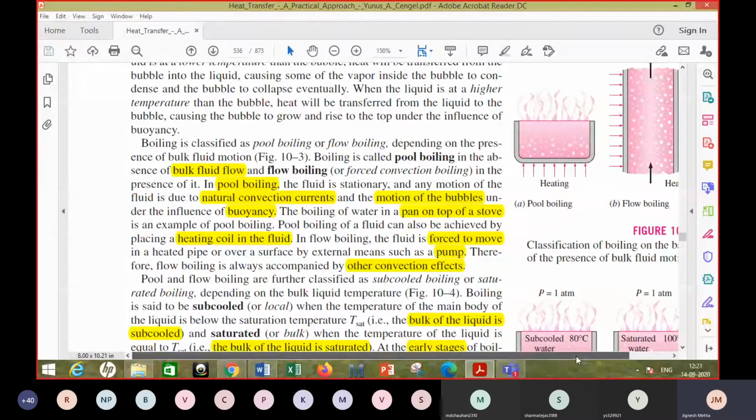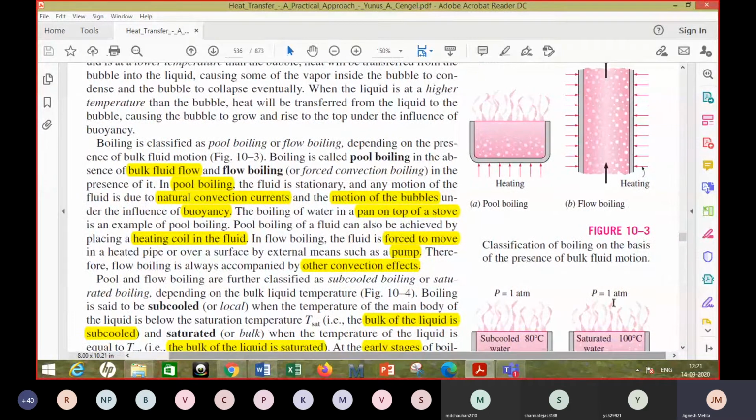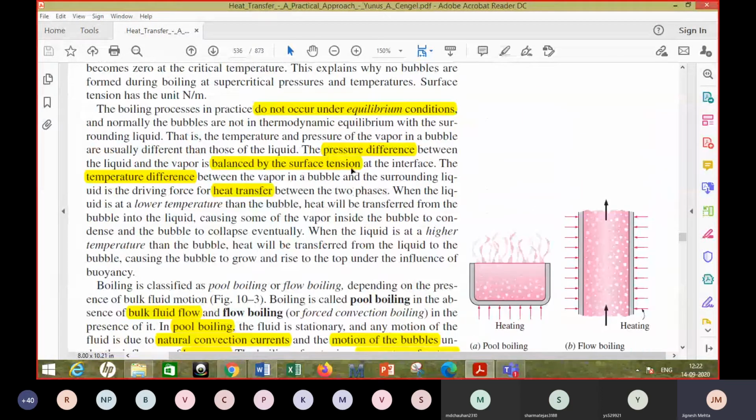But another phenomenon in case of boiling can be flow boiling. Here there is a net flow of the liquid occurring, and there is boiling. So can somebody give me examples, one of pool boiling and one of flow boiling? You can type in your answers.